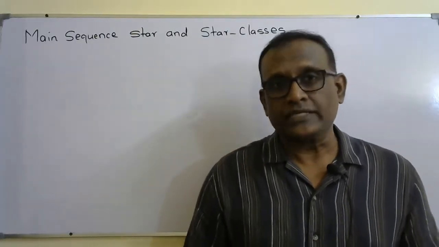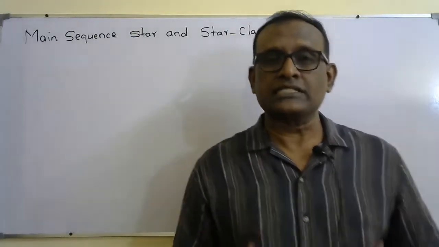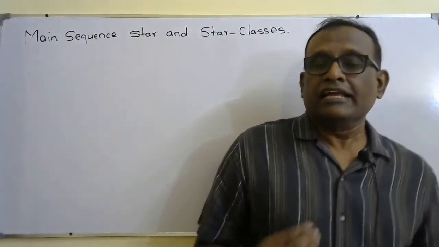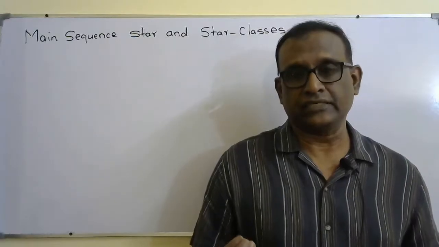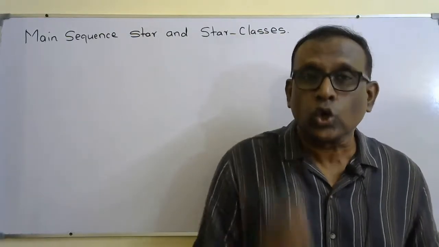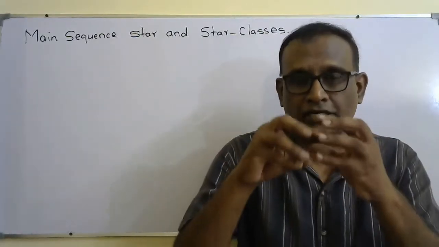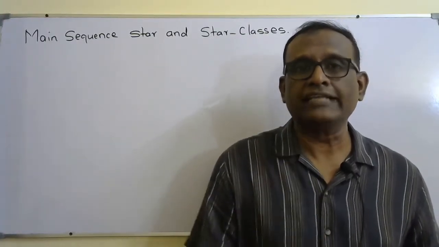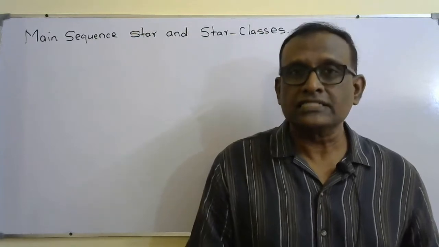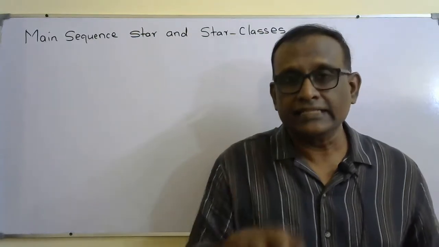So main sequence star means, if a significant amount of hydrogen fusion occurs in the core of the star. Core means the central part of the star.